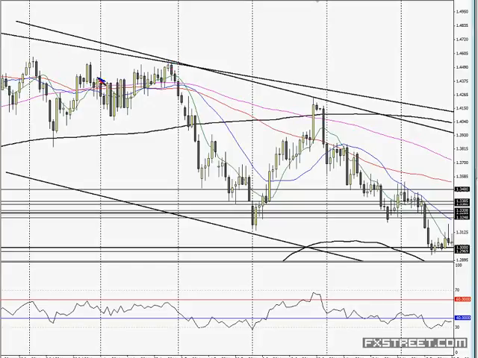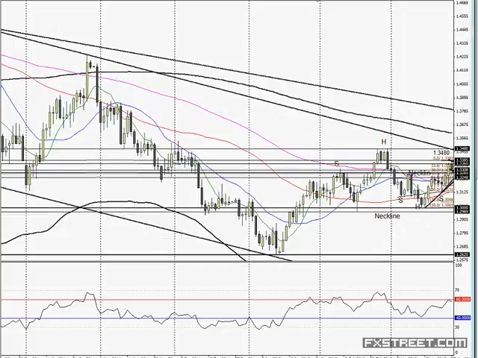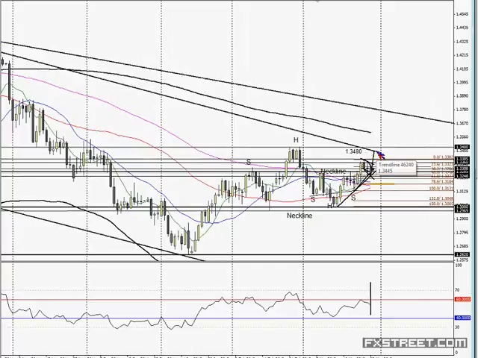So connecting those two, and then also connecting this high here from October, end of October, we see this trend line coming down, and the market would be testing that at around 1.3450. So for now, my bullish outlook is to 1.3450.